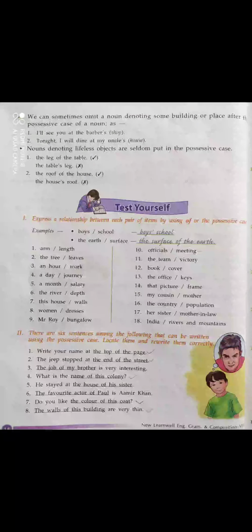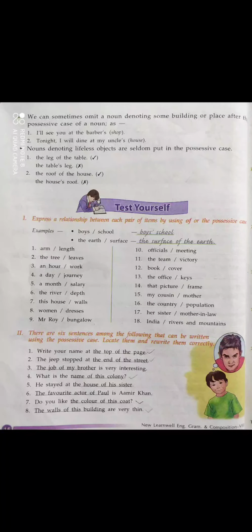Now nouns denoting lifeless objects are seldom put in the possessive case. Okay, so for inanimate or lifeless objects, the possessive case is seldom used. So with lifeless objects we cannot use the possessive case.